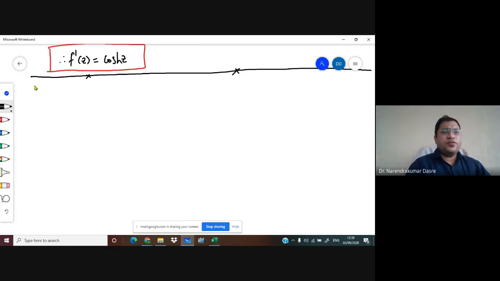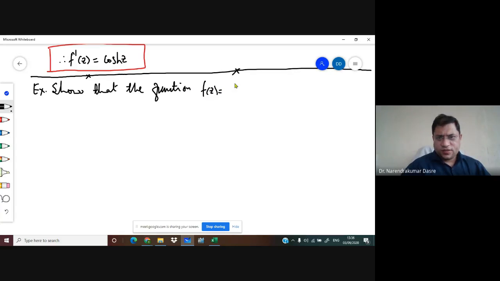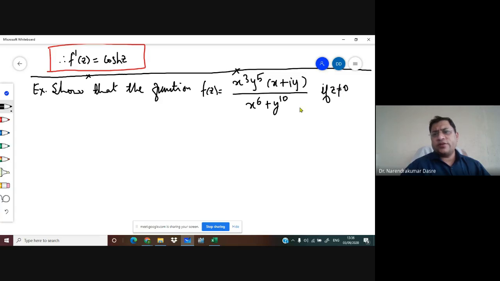So we have an example. Show that the function f of z is equal to x cube y raised to 5 into x plus iy upon x raised to 6 plus y raised to 10 if z is not equal to 0, and is equal to 0 if z is equal to 0.